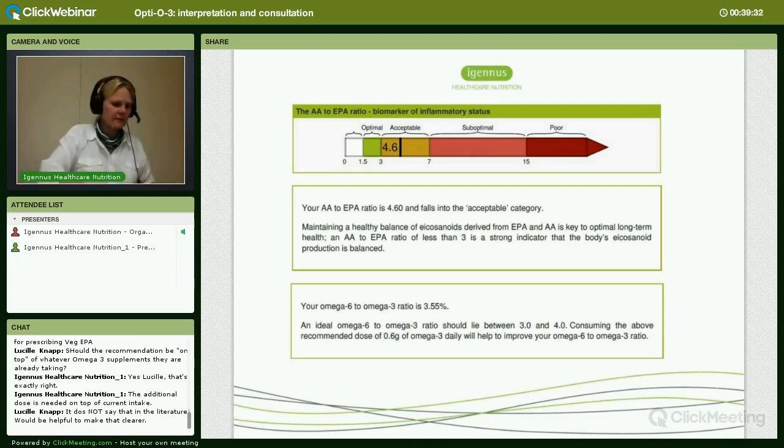So as I've said, this is the kind of report that you will get, and it's very similar to what I've just shown you on the screen. The recommendations really focus on optimizing the dose to reduce the AA to EPA ratio and to increase the omega-3 index.